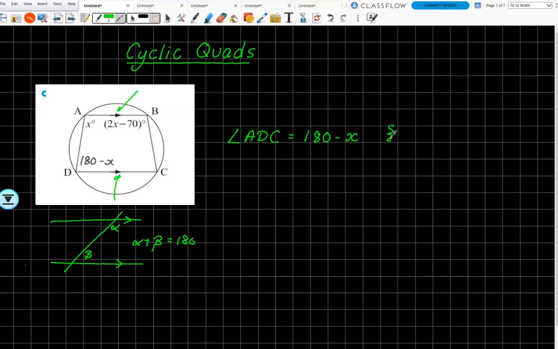Remember, do not tell me parallel lines. It's got to be, yes, co-interior. I always say supplementary or allied, but anyway, I'm sticking with allied. You can put co-interior.